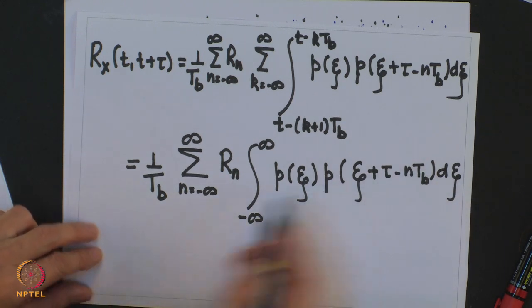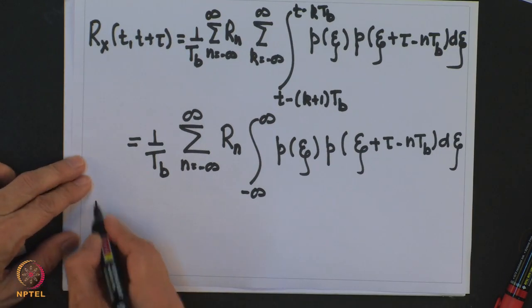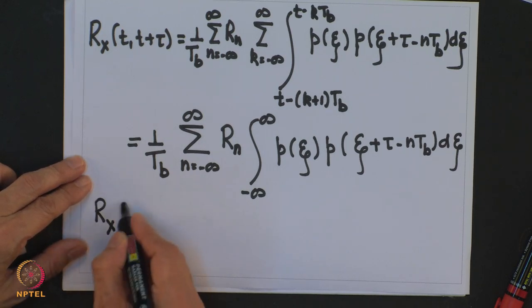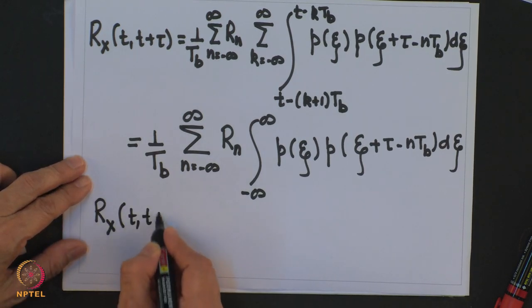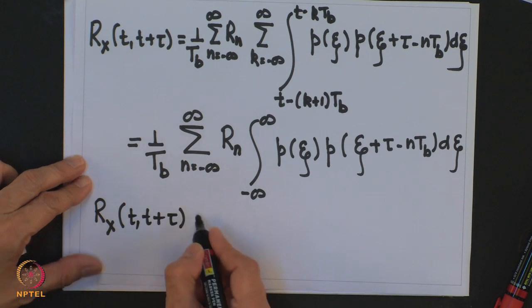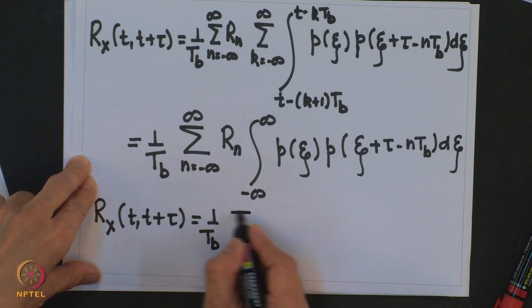Right. So what this implies is that my autocorrelation turns out to be the following expression.